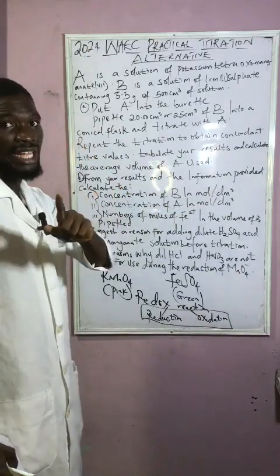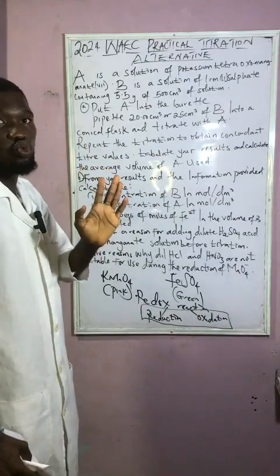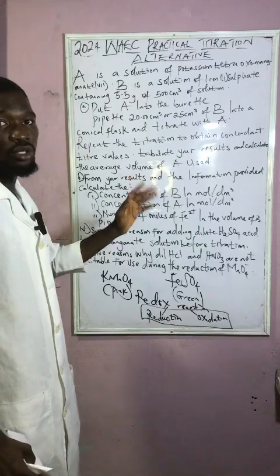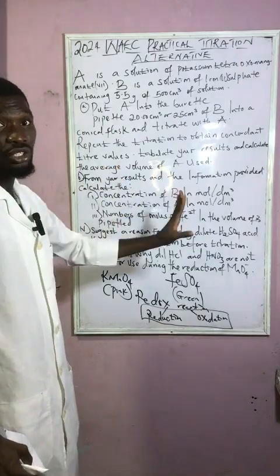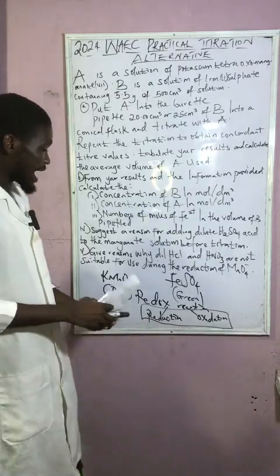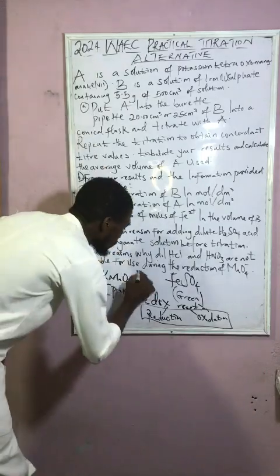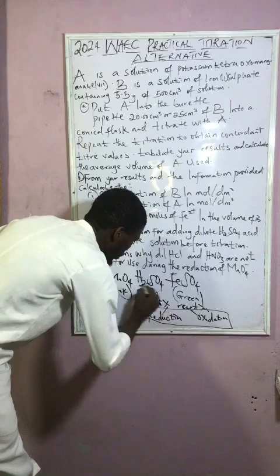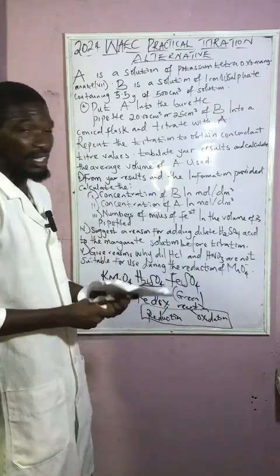Note one thing to those science students out there: if you are to carry out the titration, what will be in your burette is KMnO4, with traces of sulfuric acid, 2 moles of sulfuric acid in that.